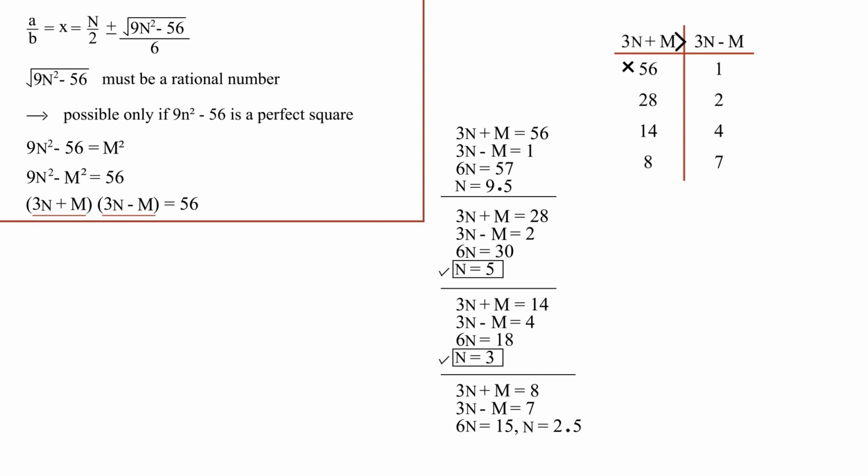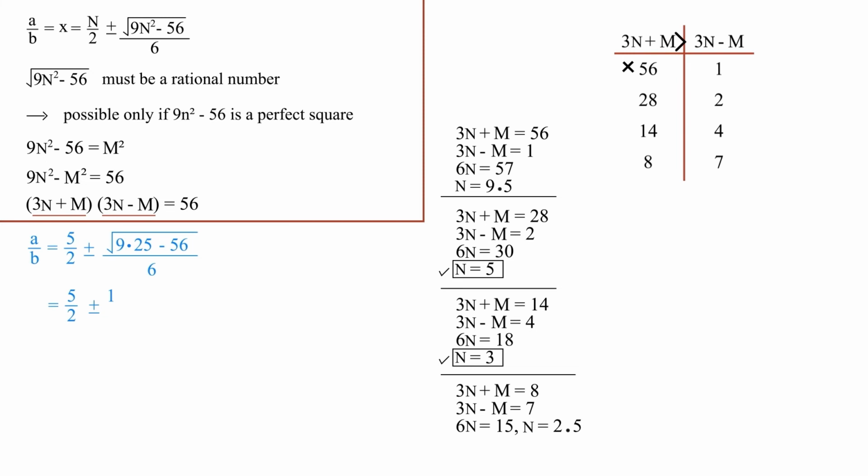So let's use those and figure out what we get for a over b using this equation right here. For n equals 5, a over b becomes 5 over 2 plus or minus the square root of 9 times 25 minus 56, all over 6. So that gives me 5 over 2, and 9 times 25 minus 56 is 169, and the square root of that is 13.